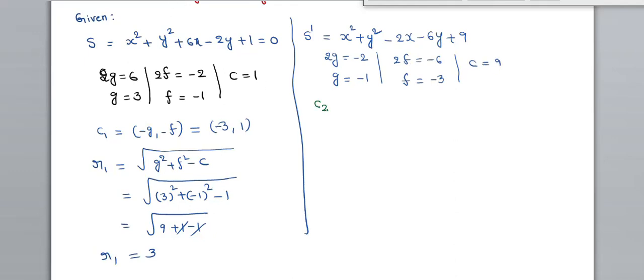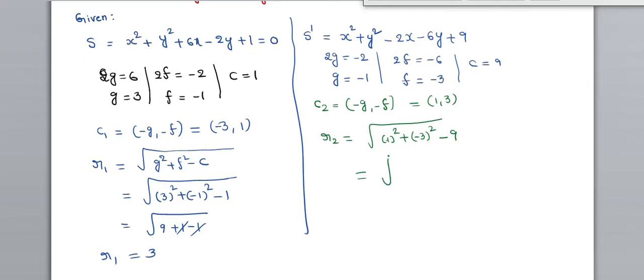Center is minus g comma minus f, 1 comma 3. Radius is square root of g square plus f square minus c, 1 square plus minus 3 whole square minus 9, that is 1 plus 9 minus 9. So root 1, value 1, that is the R2 value.